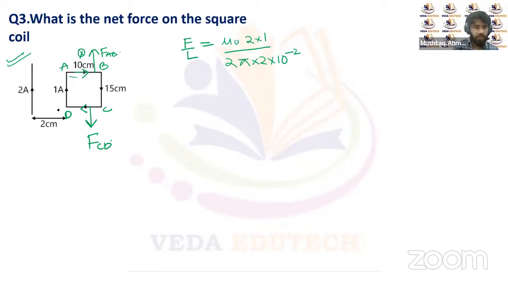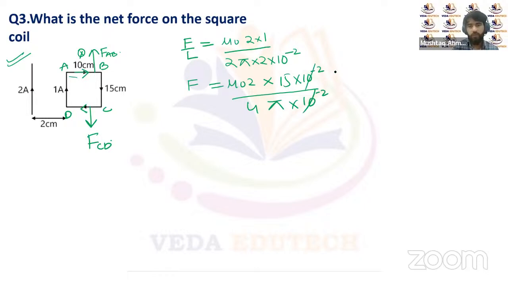The length of this AD is actually 15 centimeters, right? We'll multiply here with mu naught times 2 times 15, so it will be 15 into 10 to the power minus 2 upon 4 pi into 10 to the power minus 2, right? This and this will get cancelled, 2 and 2 will get cancelled. It will be 15 upon 2 pi times mu naught, right?